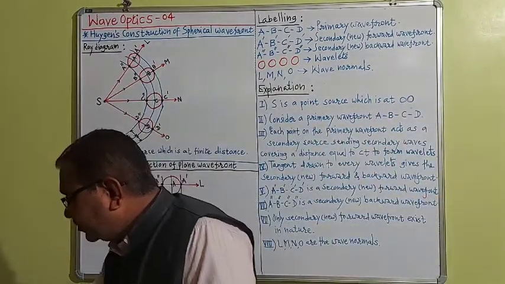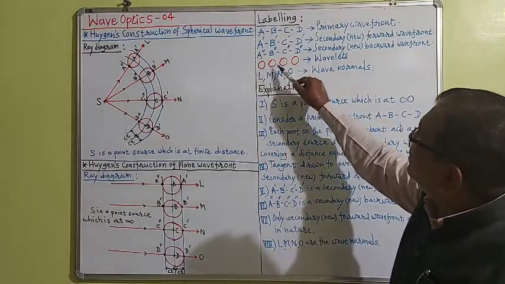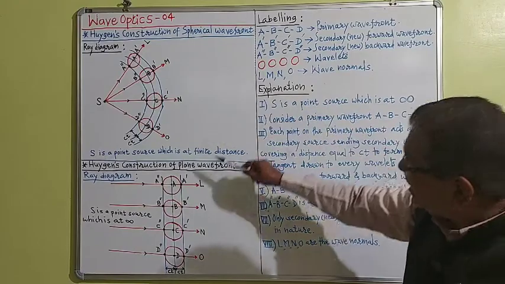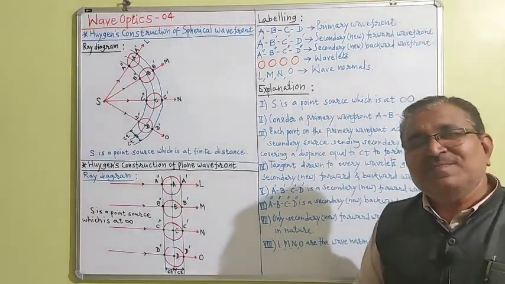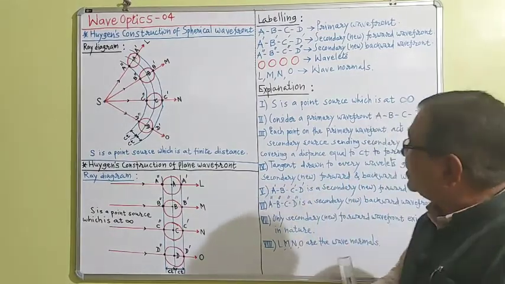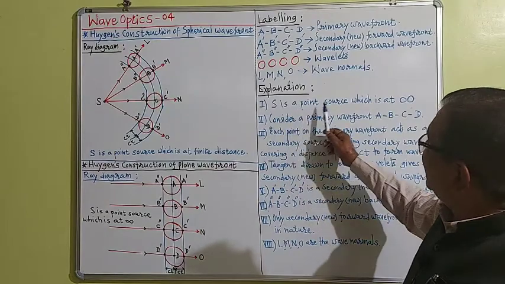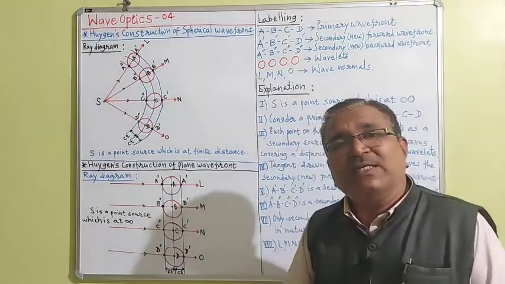Okay, then next one is what? See here, these are the wavelets. These red spheres are nothing but the wavelets. And L, M, N, O are nothing but the wave normals. Then we will consider the explanation. What is the explanation? The first one: S is a point source which is at infinity.